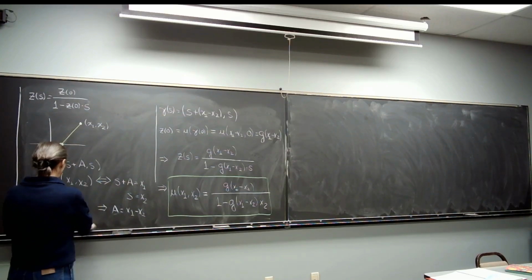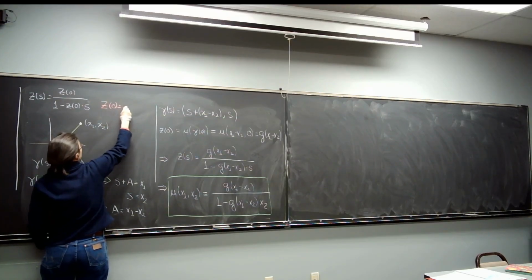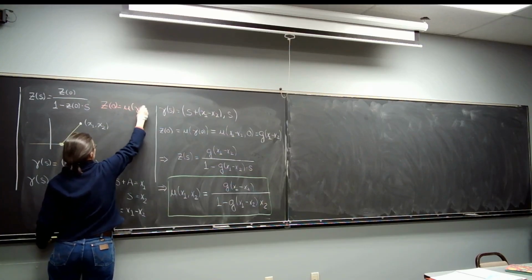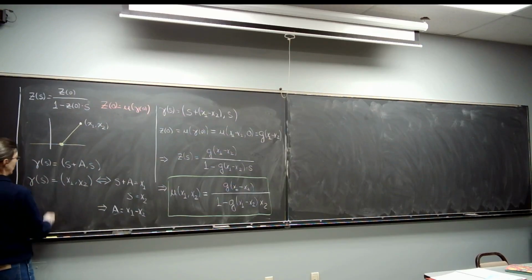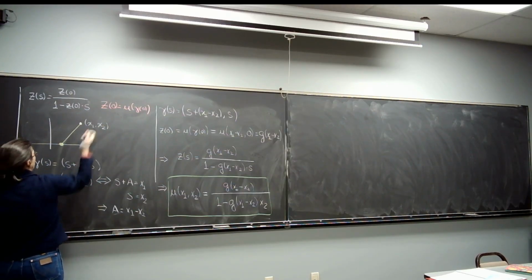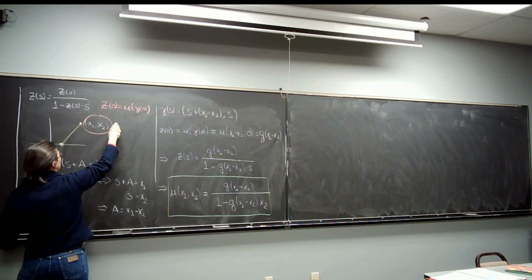Well, z of 0 is u evaluated at gamma of 0. Remember gamma? In fact, let me number it sequentially, or chronologically.